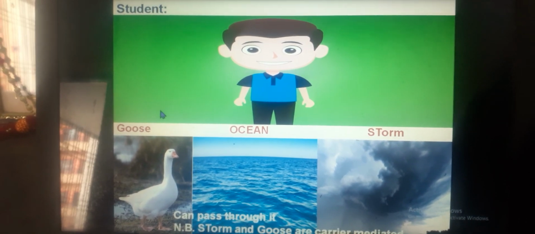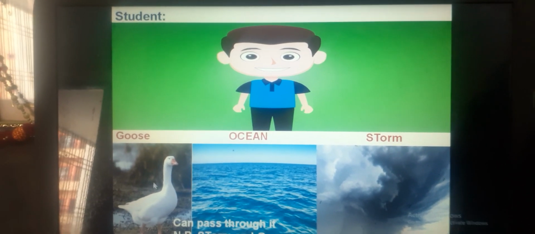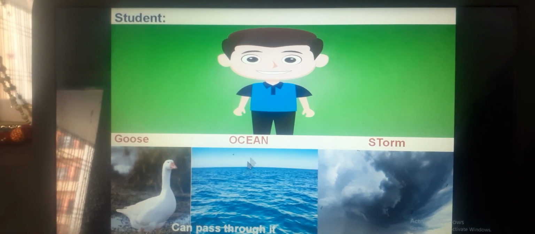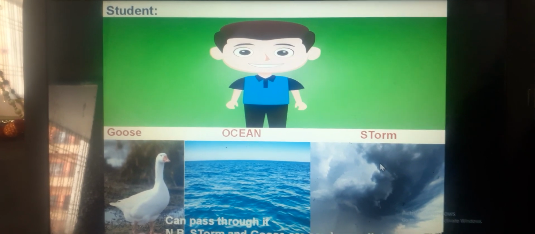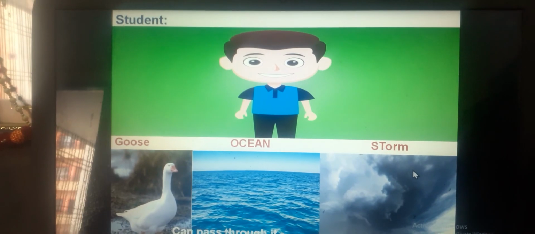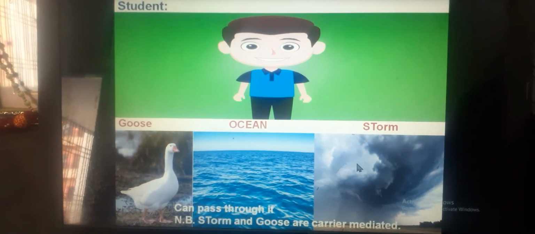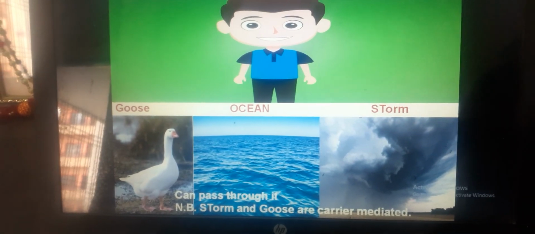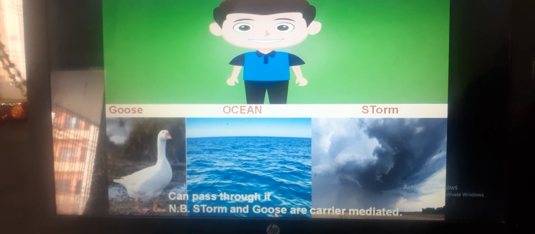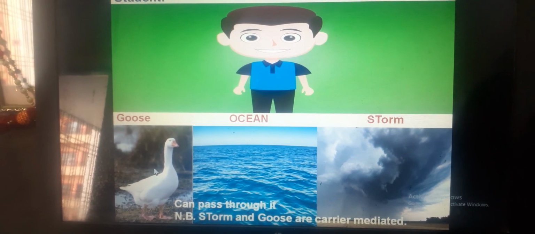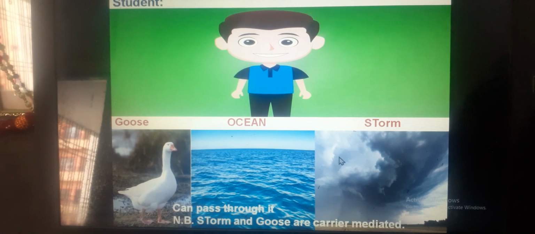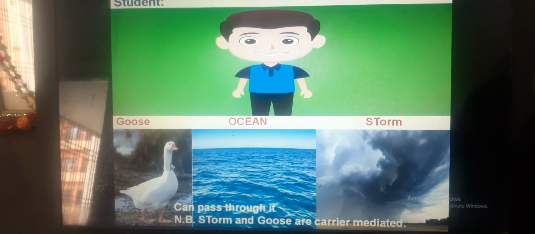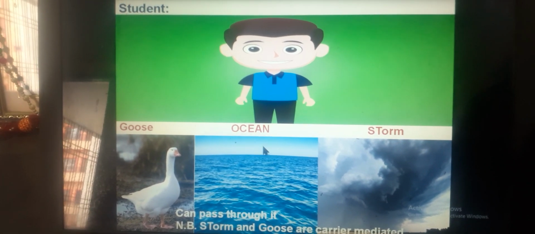Goose is a bird, ocean is a river, storm is a gust of wind. Storm and goose are carrier mediated, but ocean can pass easily.